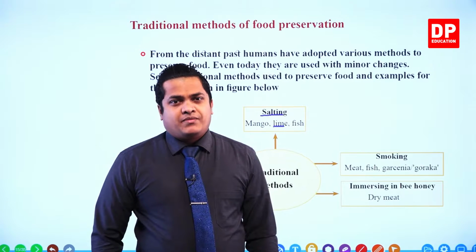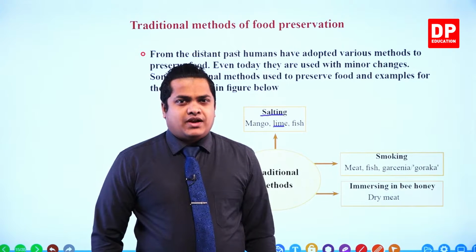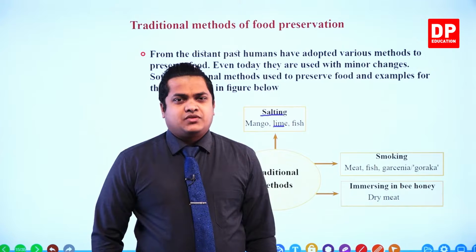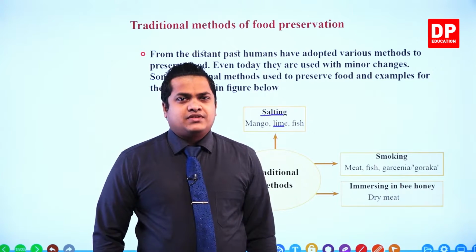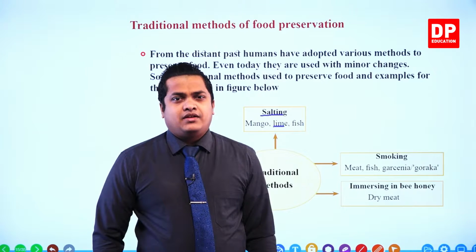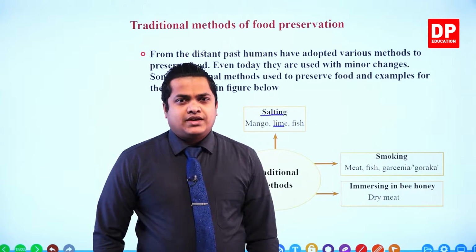Most of the farmers, my dear children, follow this method to consume at their houses. They let the chilies ripen for a certain time period, and after that they pluck them out and dry them, in order to keep them for a longer time period within their house.